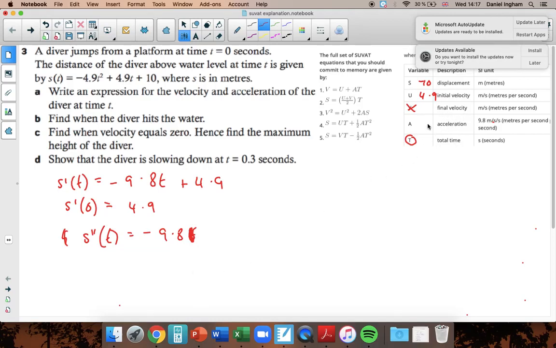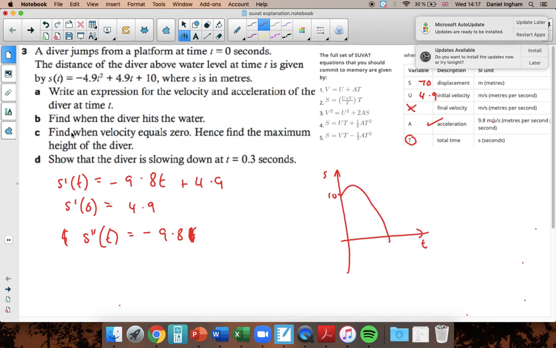Okay, so we've also got this, and we've got negative 9.8 meters per second squared. Now here it's positive, here it's negative. Now this is important because basically if we plotted that graph, what's happening is the diver starting here at 10 meters, and then if we plot it against time, displacement against time, he travels up a little bit and then he starts to fall.